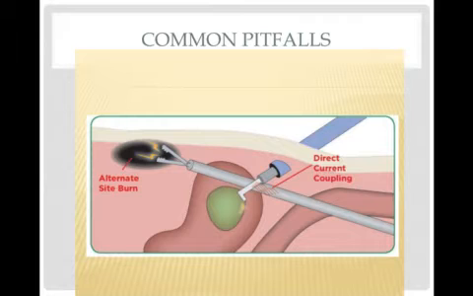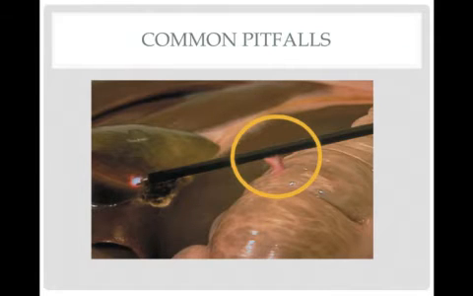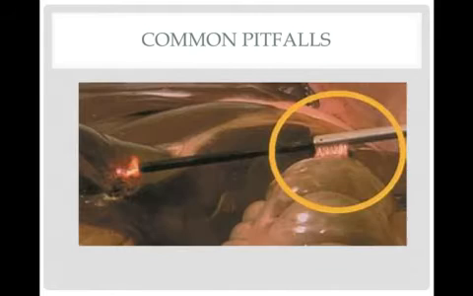Now, going to common pitfalls, it's always important to make sure that the diathermy instrument is not in direct contact with any other instrument that can transfer the heat elsewhere and therefore cause an alternative site burn. Also, insulation, if there's any defect in the insulation of the instrument, that is another way to create thermal damage in an area away from the intended application of diathermy.